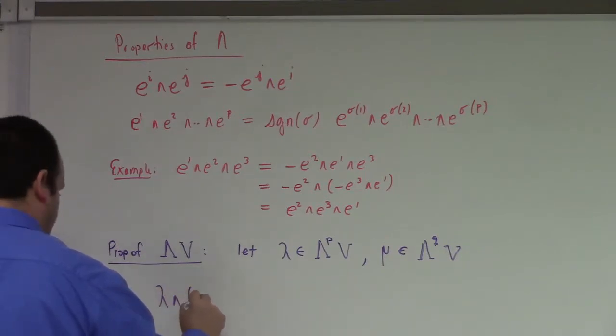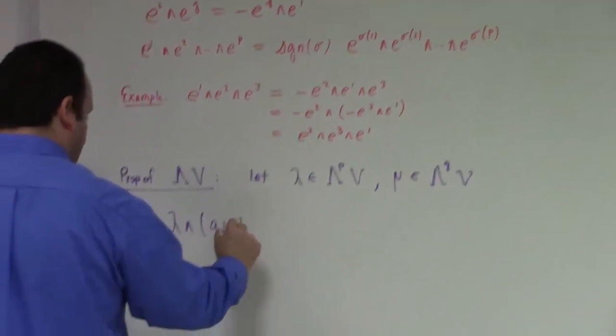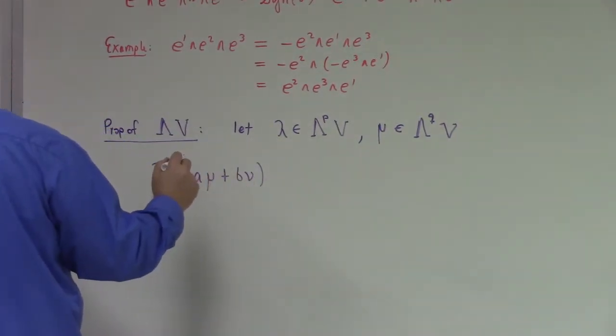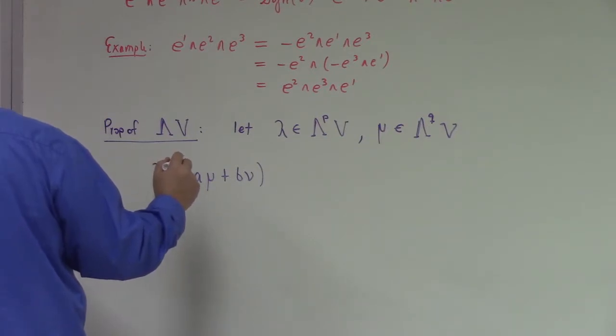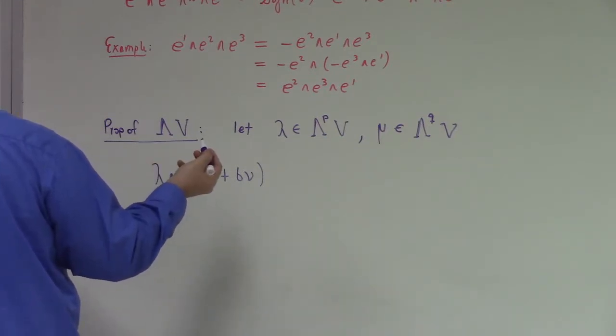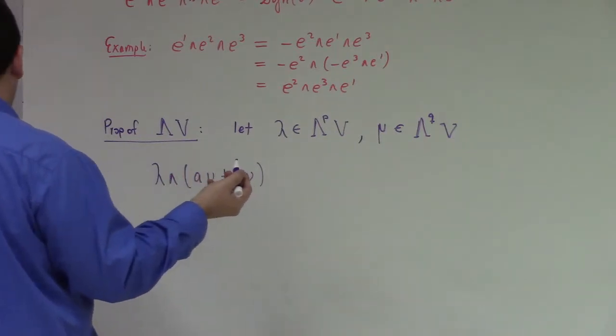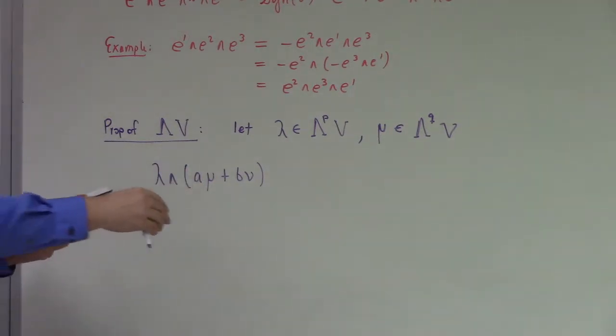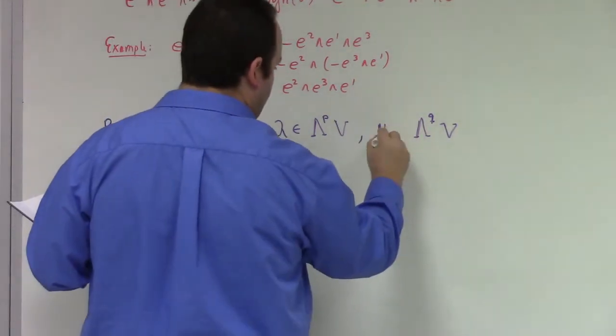Lambda wedge (a mu plus b nu). Oh, we've thrown in another thing. Where is nu going to be from? If I'm adding them together, it should be in here.